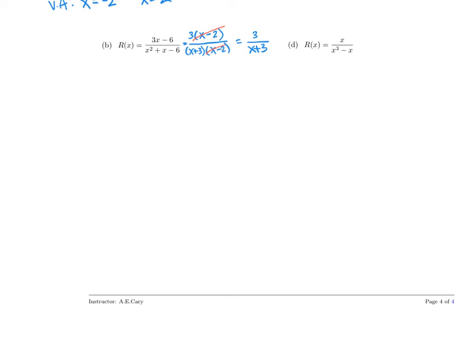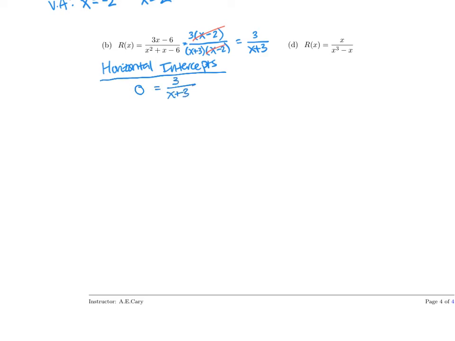So when we deal with our horizontal intercept and our vertical asymptote, we're going to be dealing with our new reduced equation. We'll deal with that x minus 2 in just a little bit. But first, let's get to our horizontal intercepts. Horizontal intercepts. You can also shorten this to HI if you'd like to do so. So I'm going to do the exact same thing as above. I'm going to set my whole equation equal to 0.